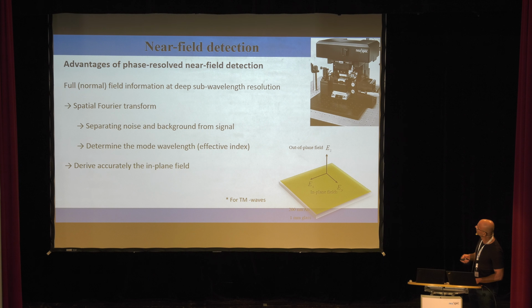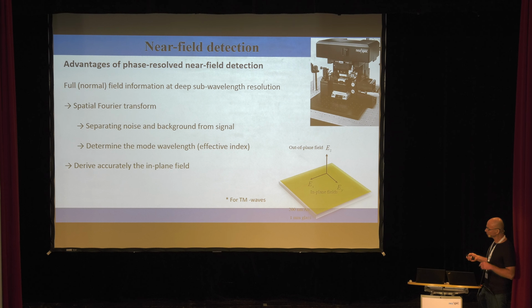Another important thing that I want to say regarding the measurement: you can consider it as trivial. We use really the old model, the first generation, but the pseudo-heterodyne measurement gives us the wonderful property that we have the full information of the electromagnetic field, amplitude and phase, as a function of x and y.